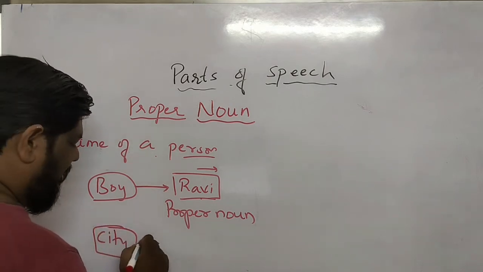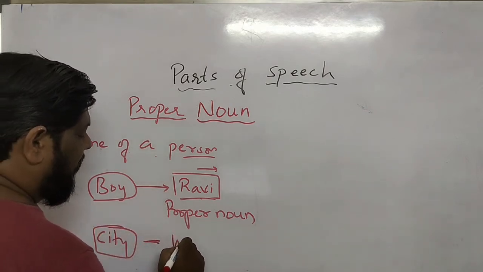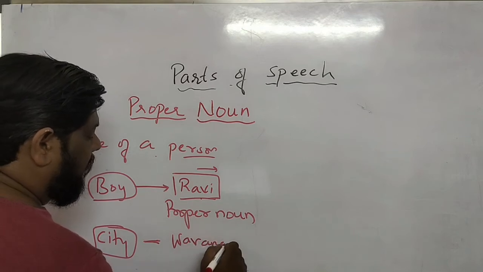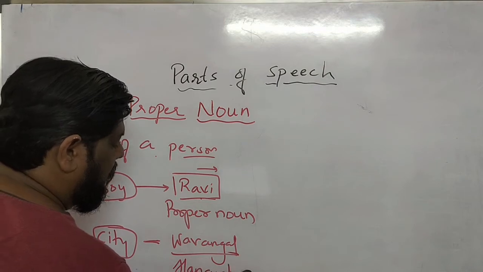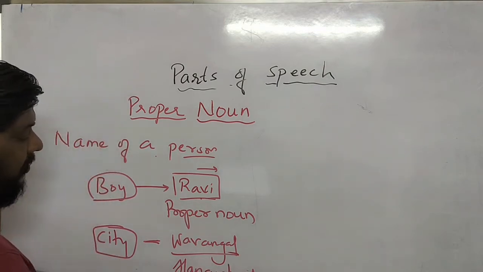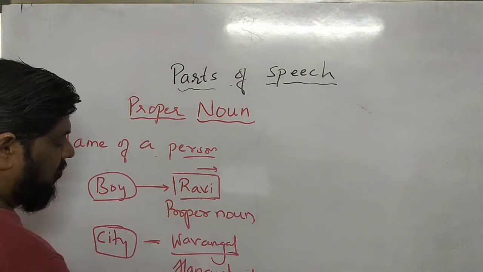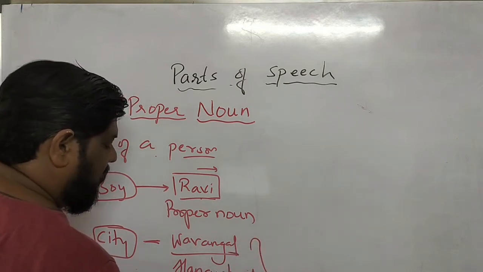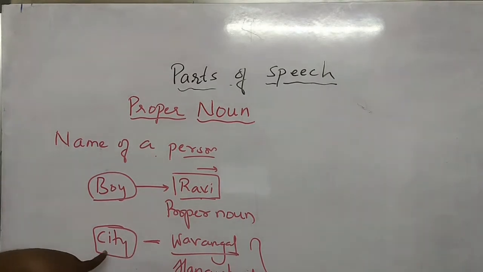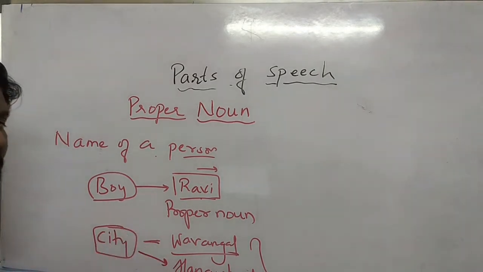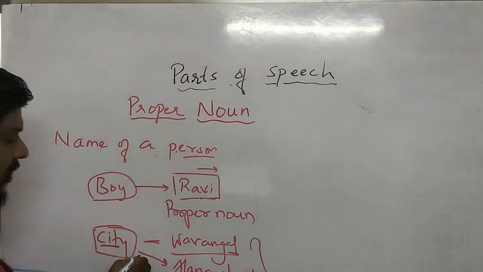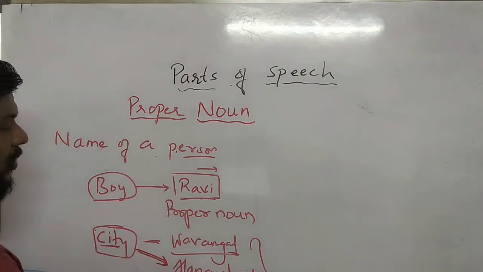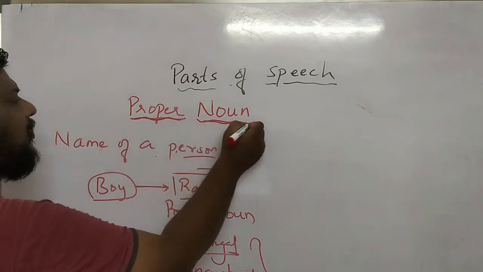If you give the city a name, like Warangal, Hanamkunda, and Kazipet, these three are called tri-cities. We live in a city called Hanmakunda. If you call it a city, it is a noun, but it is not a proper noun. We call it Hanmakunda now, so Hanmakunda becomes a proper noun.